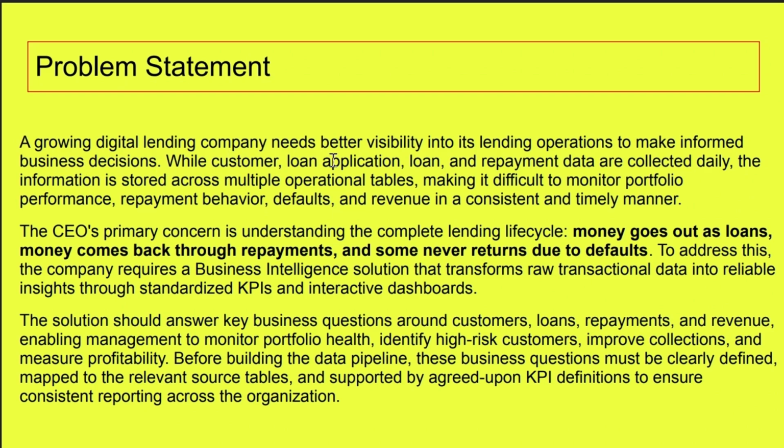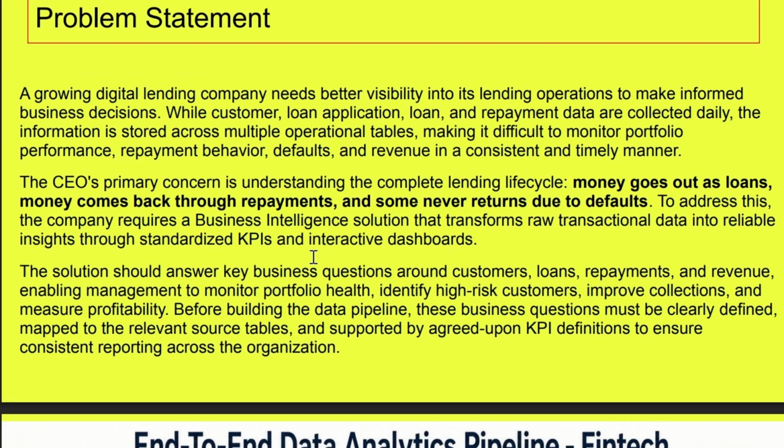While customer loan applications, loans, and repayment data are collected daily, the information is stored across multiple operational tables, making it difficult to monitor portfolio performance, repayment behavior, defaults, and revenue in a consistent and timely manner.